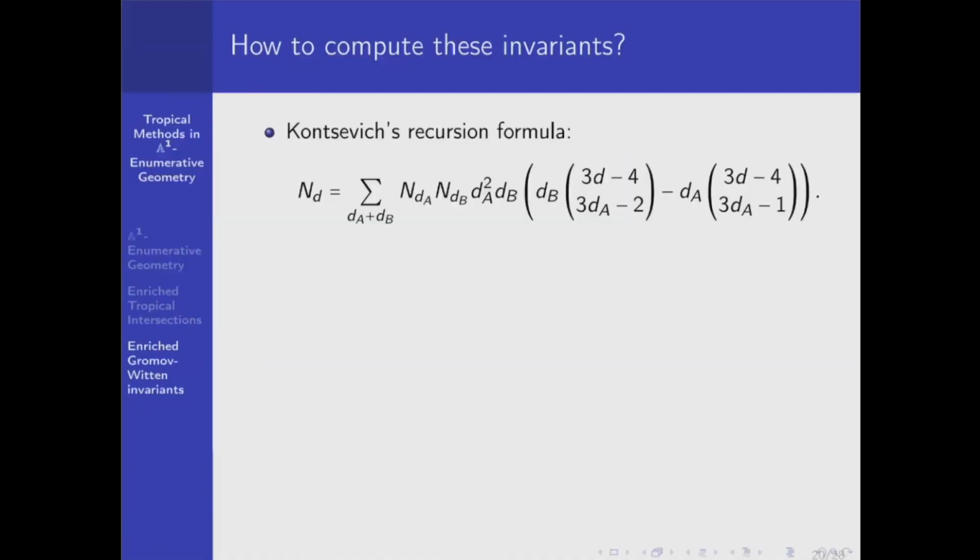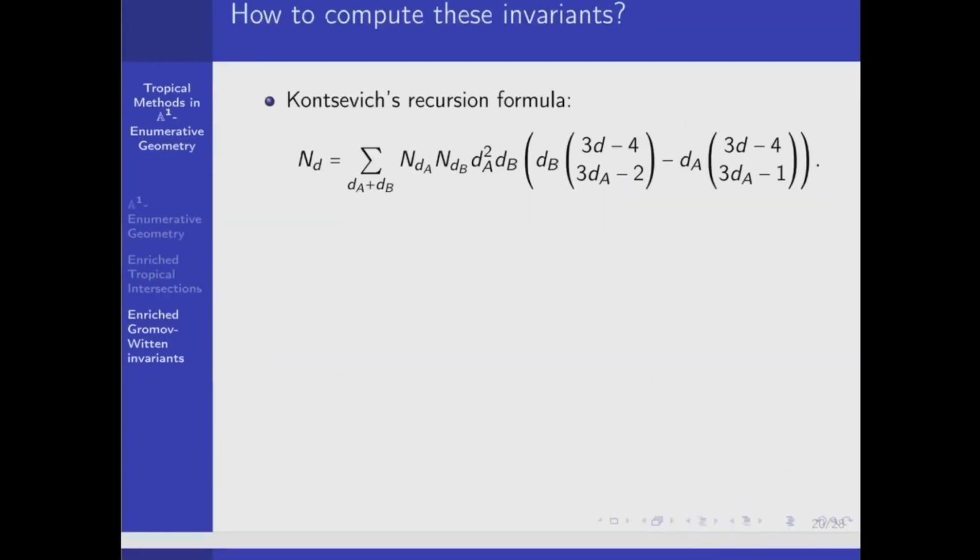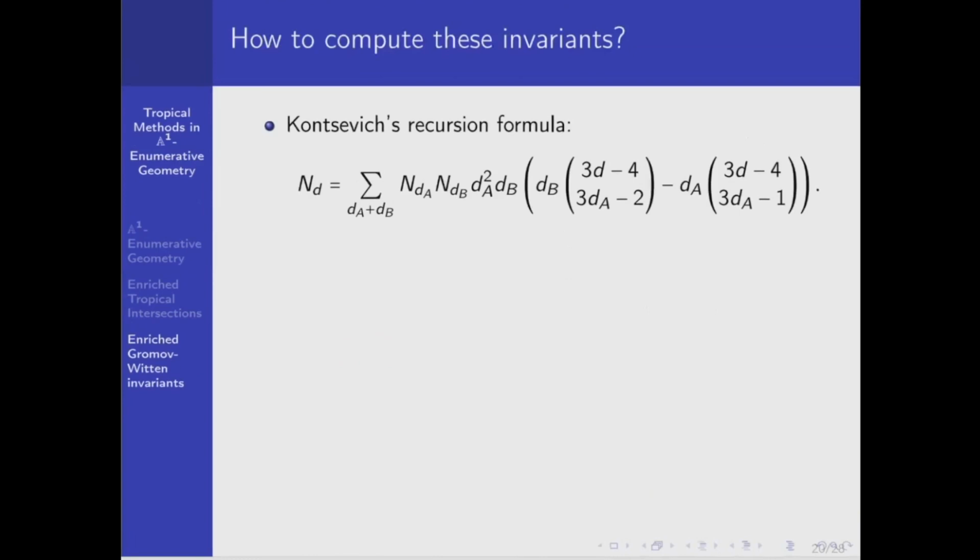So let's go back to the history of this invariant for the complex case. There's Kontsevich's recursion formula that tells me that N_d can be computed in terms of the lower invariants.